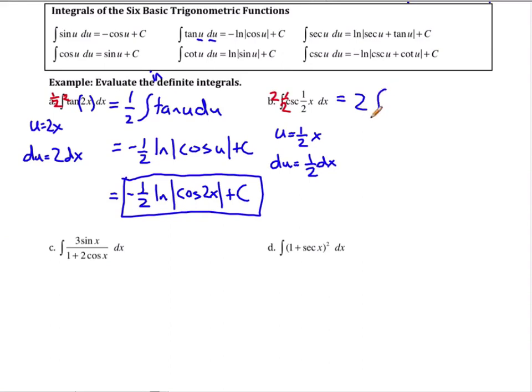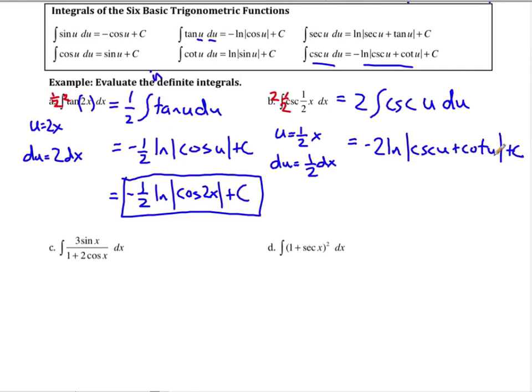So it'll be 2 times the integral of cosecant u du. And now let's apply this integral right here. So it equals negative 2 times the natural log of the absolute value of cosecant u plus cotangent u plus c.